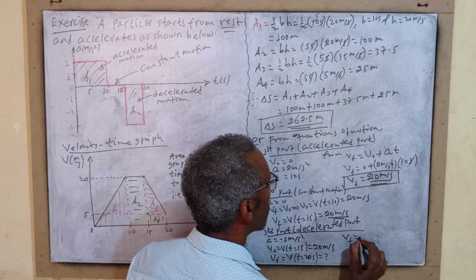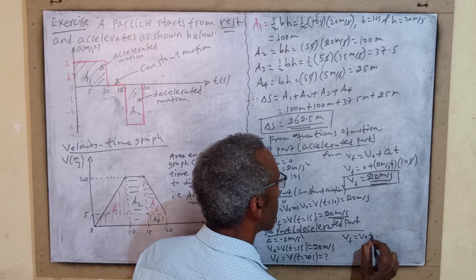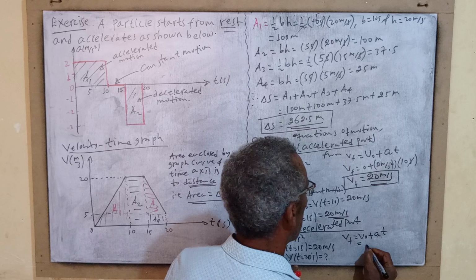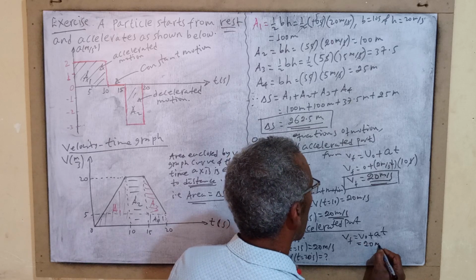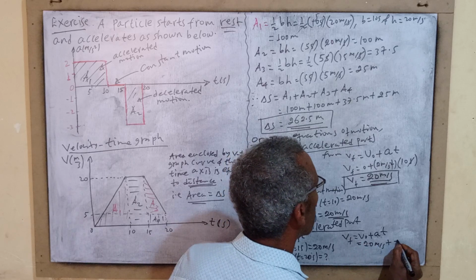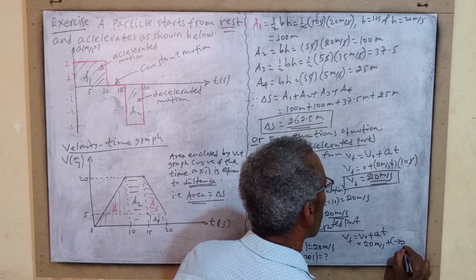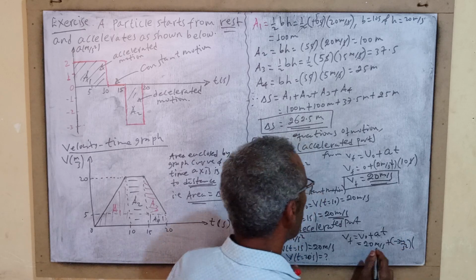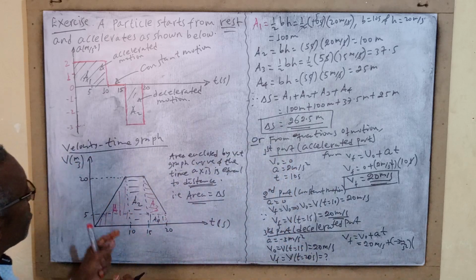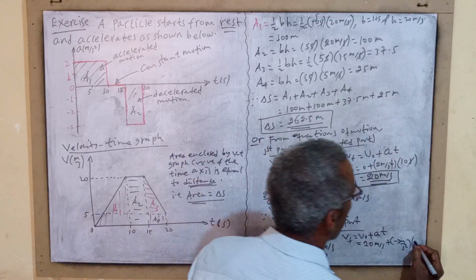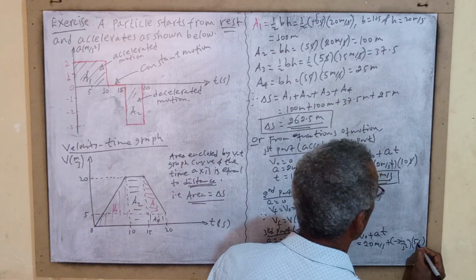From this equation, v final is equal to v initial plus a t. v initial is 20 meters per second plus the acceleration, which is minus 3 meters per second squared, times the time interval between t equals 15 seconds and t equals 20 seconds, which is 5 seconds.